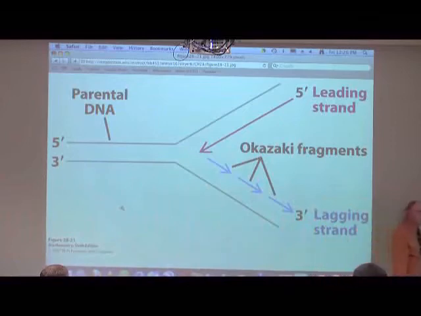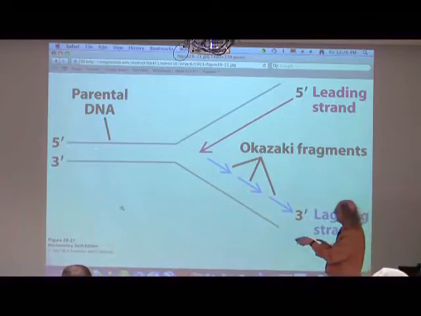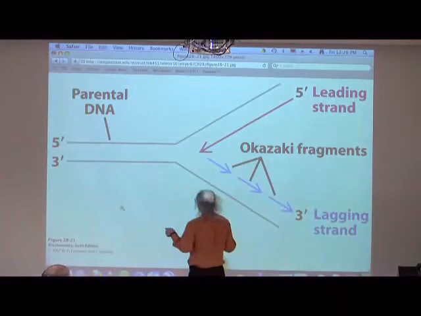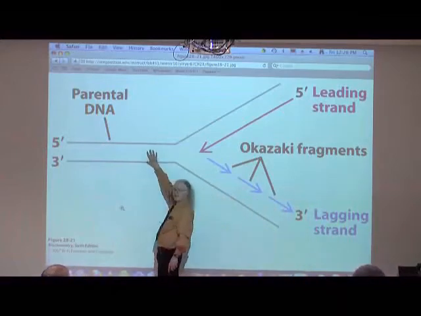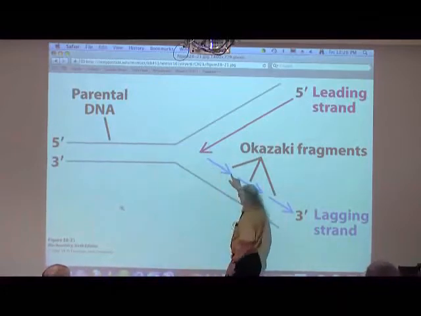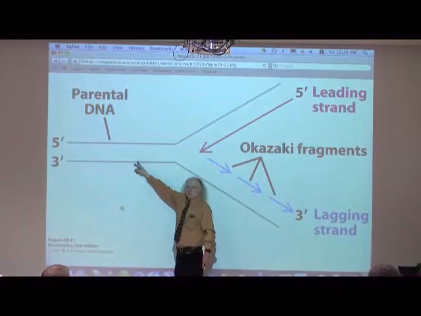The leading strand, which is the top one, is synthesized in a single piece. It starts and it just keeps going and going, nothing to stop it. Remember we have to unwind the strands in order for replication to occur, and I'll describe that in a bit. This strand can only start replicating as a new section of it gets opened up.